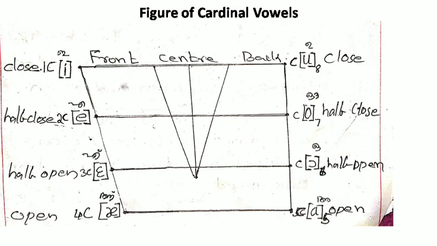The position of the lips is rounded. O, lips are rounding. U, lips are rounding. That is most important. So 6th to 8th are rounded vowels, and cardinal vowel number 1 to 5 are unrounded cardinal vowels.